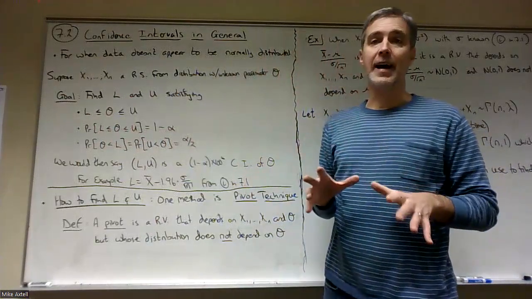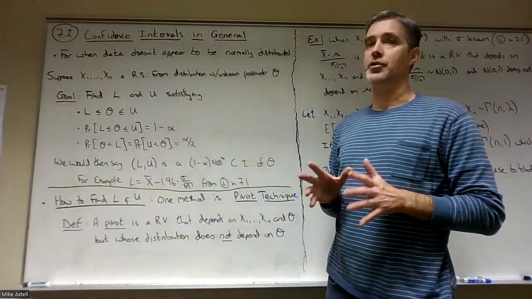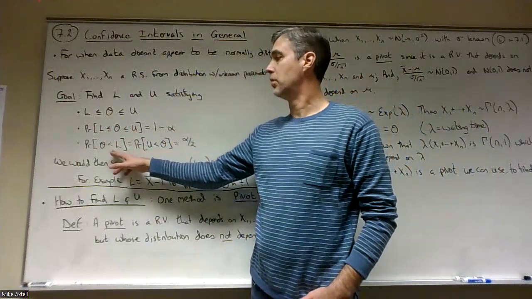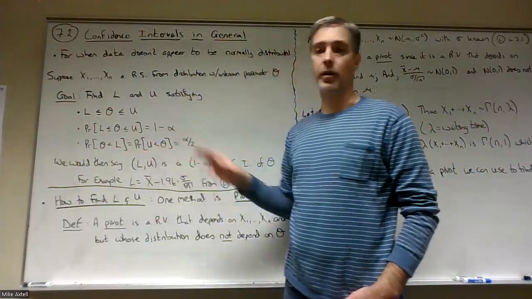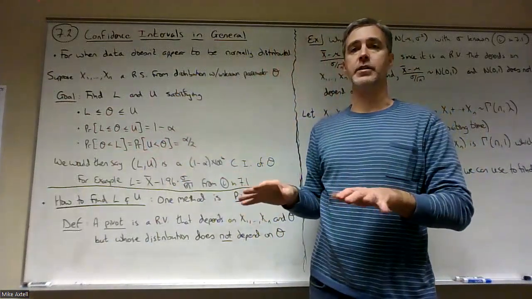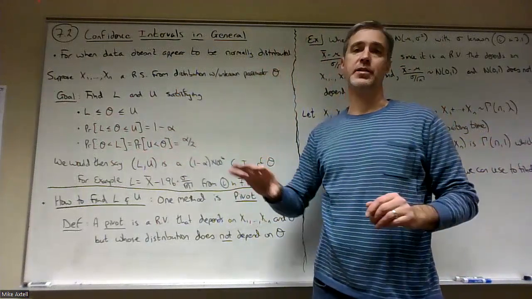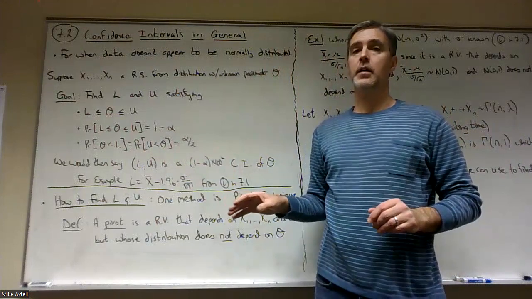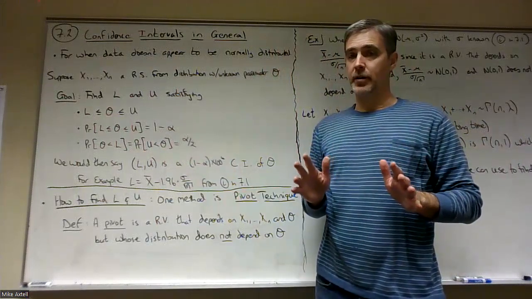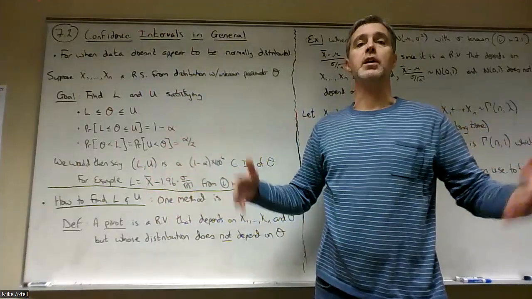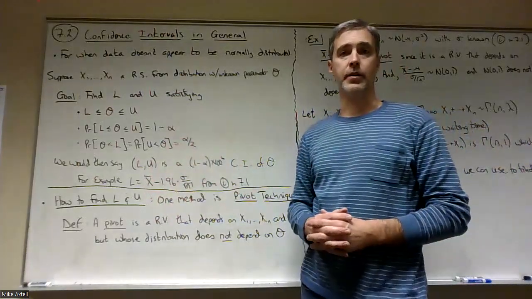And then I would like this distribution to have alpha over 2 probability below L and above U. So I'd like the confidence interval to have as much probability to the left of it as to the right of it, right? Doesn't mean it's symmetric about the mean. It just means there's an equal probability beyond either extreme of the confidence interval.